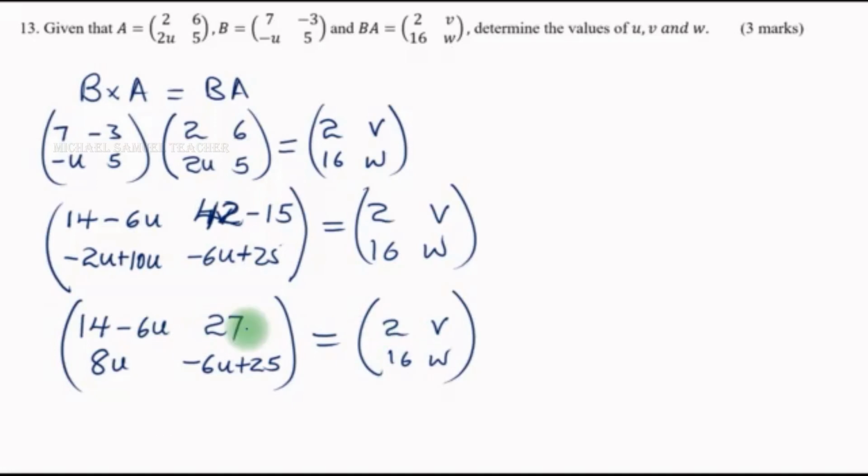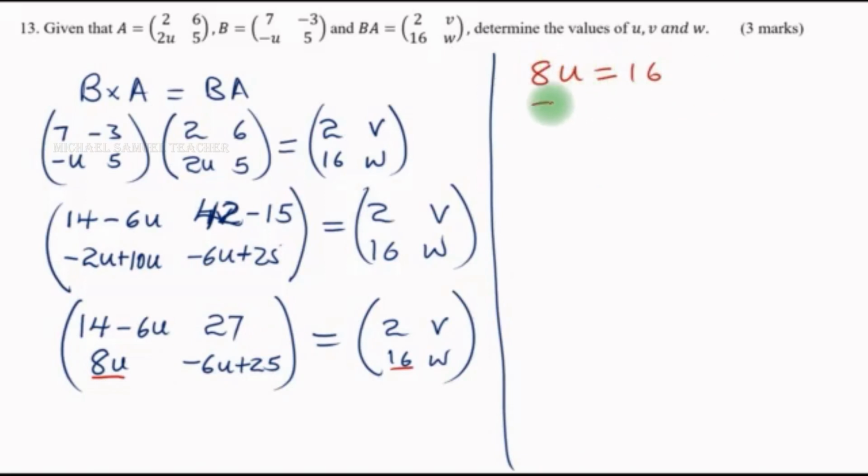So we compare the corresponding elements. To get u, I have here 8u and 16, they correspond to each other. 8u is equal to 16. Therefore, u is equal to 16 over 8, which is 2.